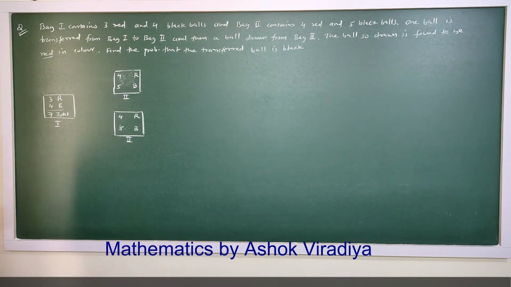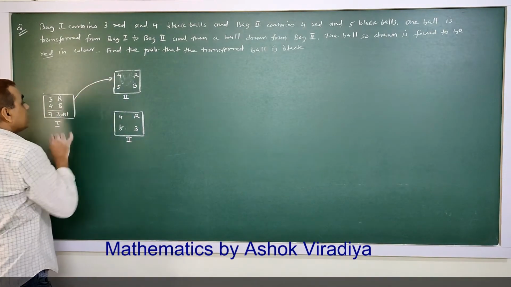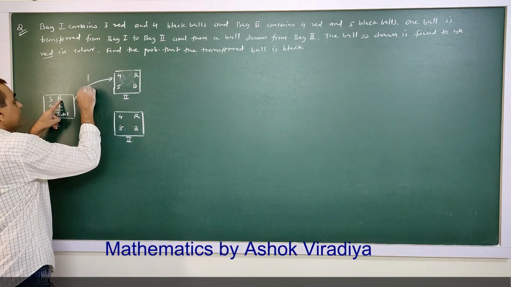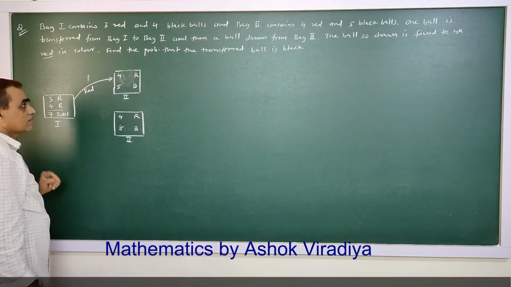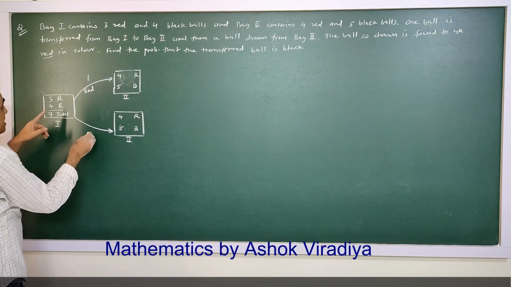So there are 2 possibilities. Either the drawn ball can be red, if red is shifted, or the second possibility is that it can be black.